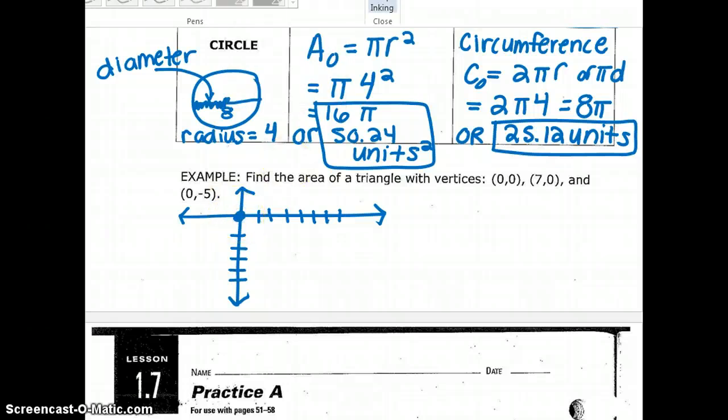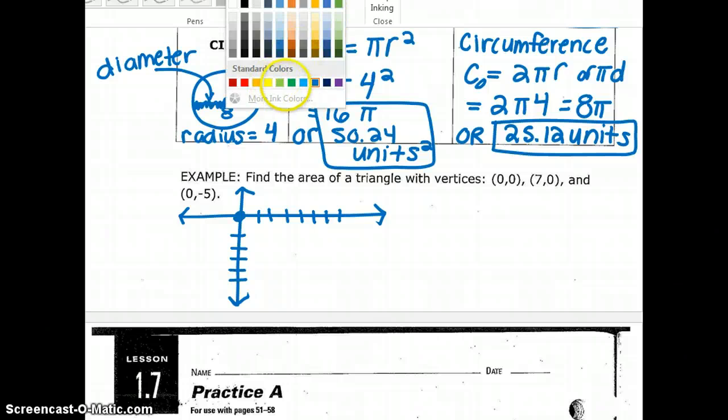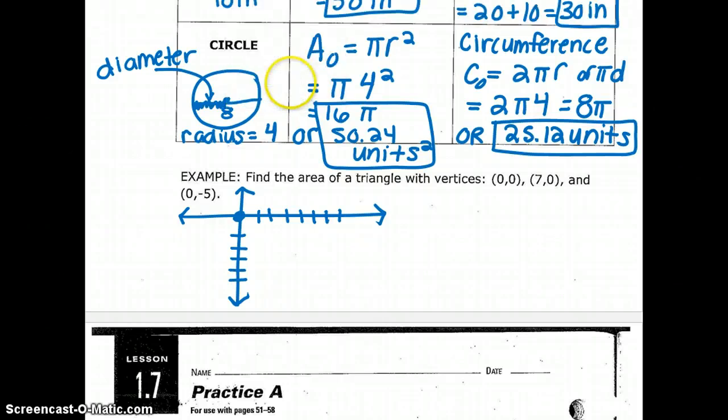So here's one vertex at 0, 0, one at 7, 0, right 7, up or down 0, and then the last is at 0, negative 5. So this is my triangle here.